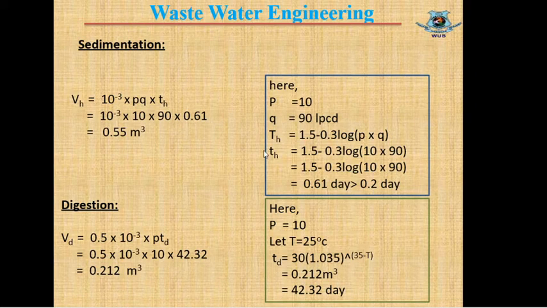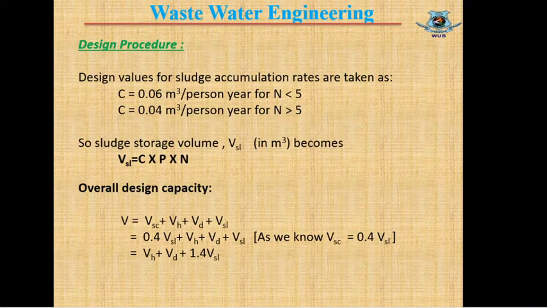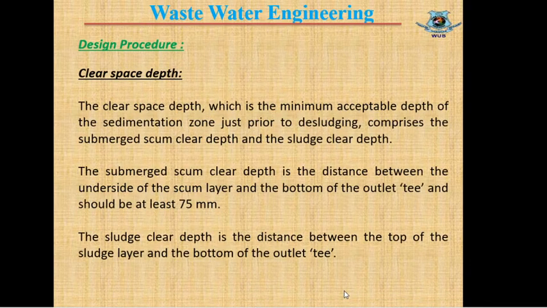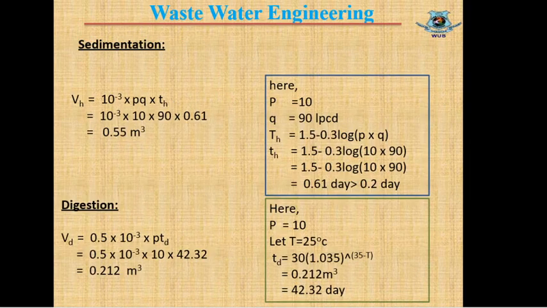There is a limitation that the value of TH should not be less than 0.2, and our calculated value is greater than 0.2 days, so we will use 0.61 day. Here TH is equal to 0.61 day, and the volume for sedimentation stands to 0.55 meter cube.